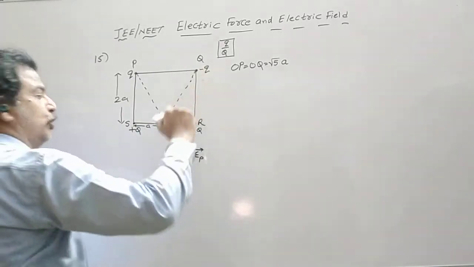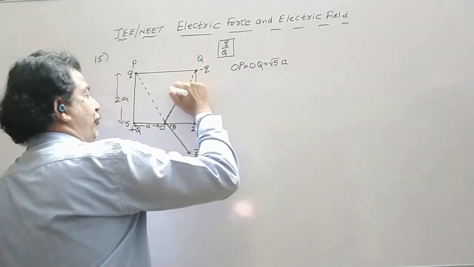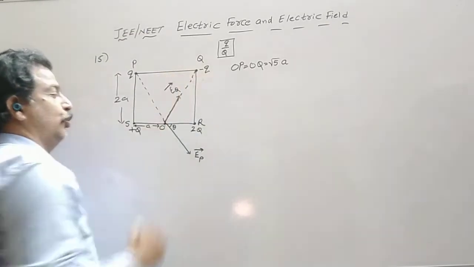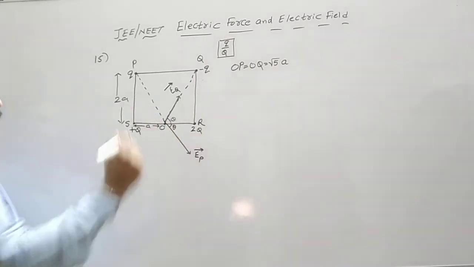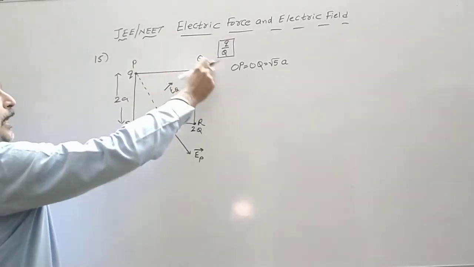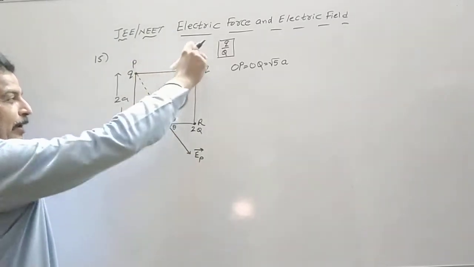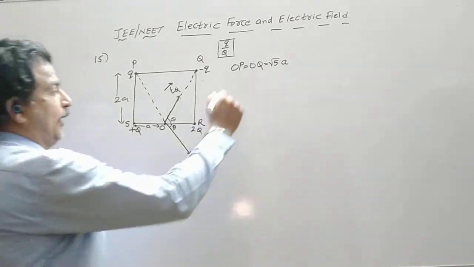Similarly, there will be a force of attraction. Let this field of Q be denoted by EQ. This angle is also theta because both the sources have the same magnitude, and the distance OP and OQ is also the same. So I write the magnitude.